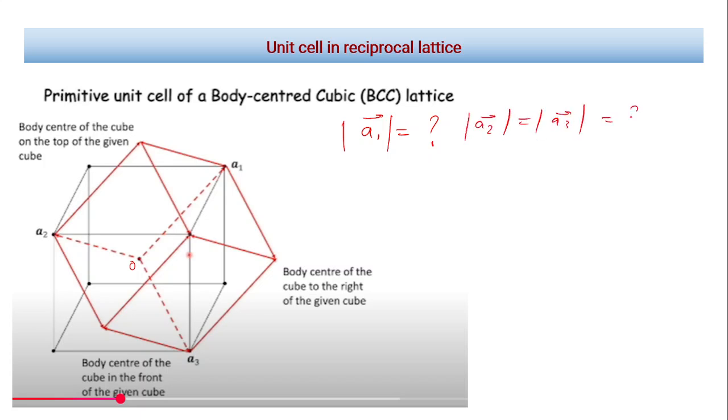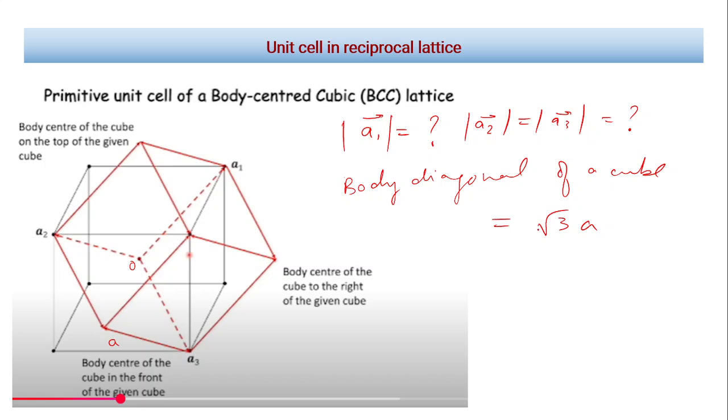But what is that magnitude? As I said, this O is the body center atom, and we know that body diagonal of a cube, we know what is the length, right? If the edge length of cube is A, then body diagonal is root 3A, and we had derived it in last week's session.